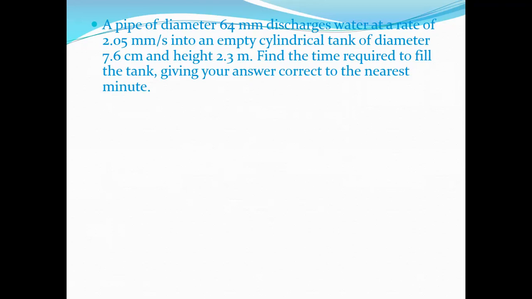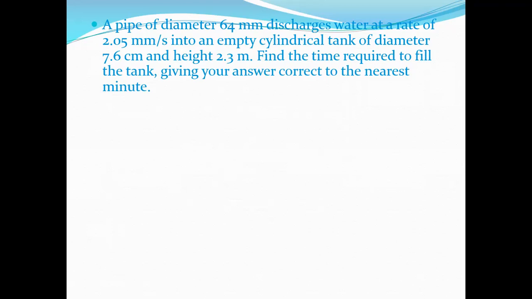This time, here is a pipe whose diameter is given and it discharges at a rate of 2.05 millimeter per second. And it is pouring water into an empty cylindrical tank whose diameter and height are also given. You have to find the time required to fill the tank.